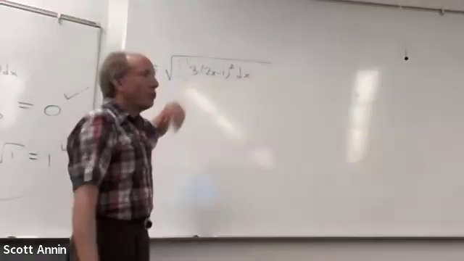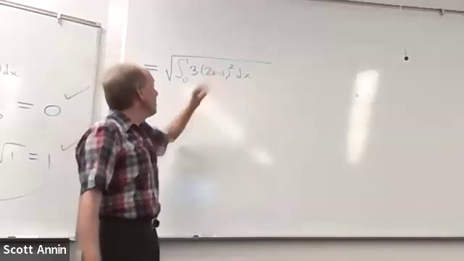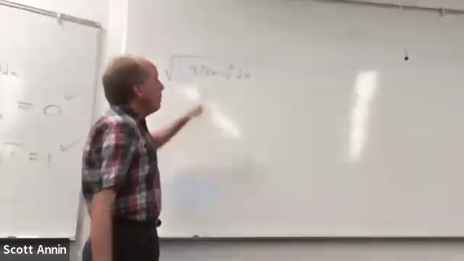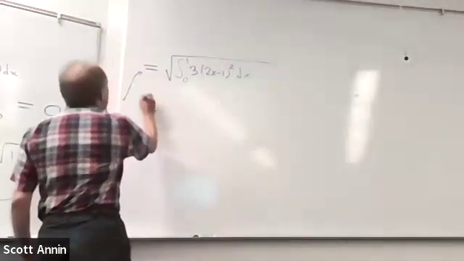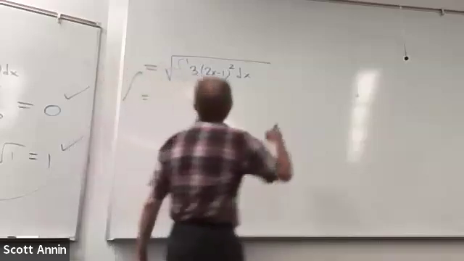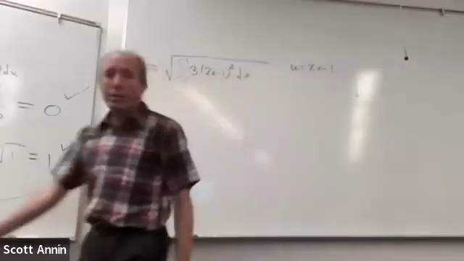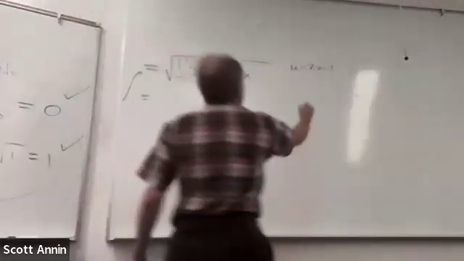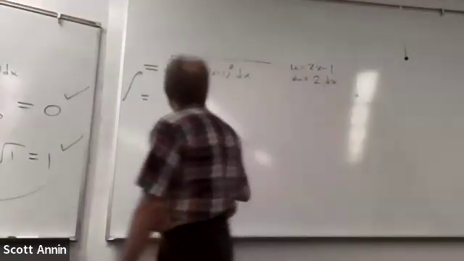You can do this integral in two ways. You can either do a u substitution and let u equal 2x minus 1, or you could just multiply it out first and then do it term by term. Anybody have a preference? U sub. Okay, let's do u sub. So for u substitution, I would let u equal 2x minus 1. And that means that du would be 2 times dx.